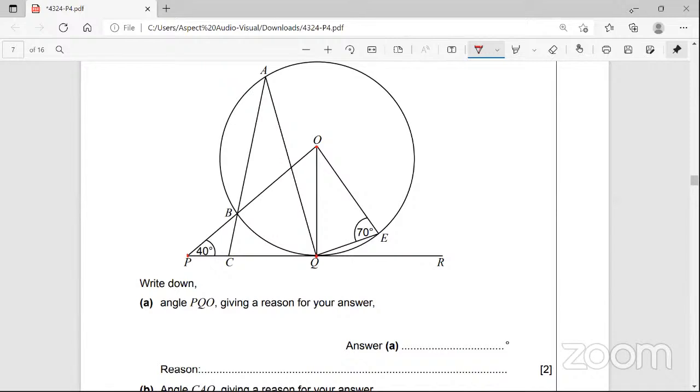Okay, now write down angle PQO, giving a reason for your answer. Can the people online tell us what the answer is here for A? What is angle PQO going to be? We are looking at this angle here. What is that angle going to be? The people online, what is that angle there?